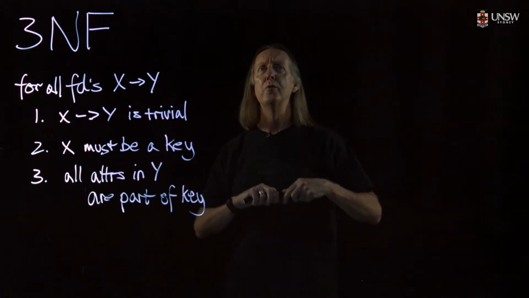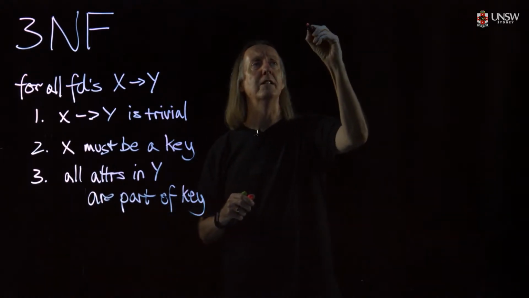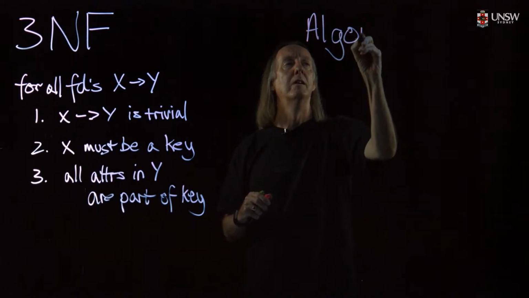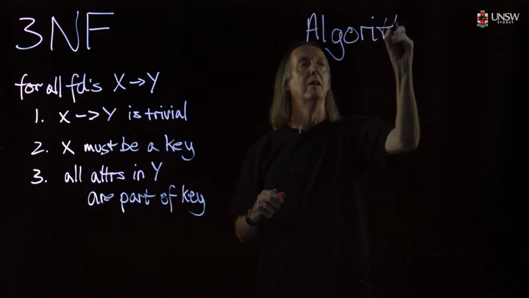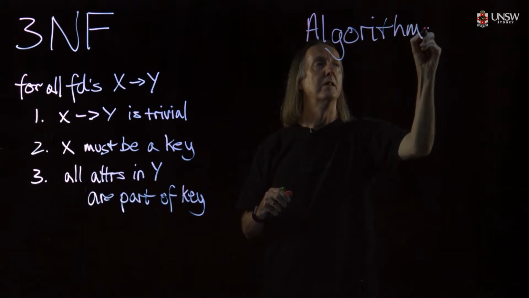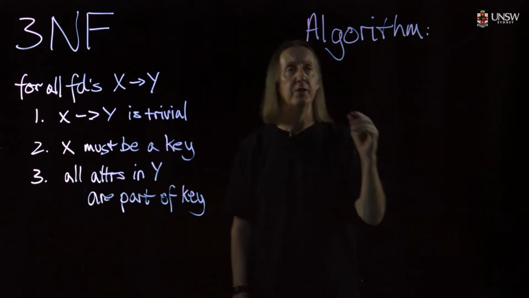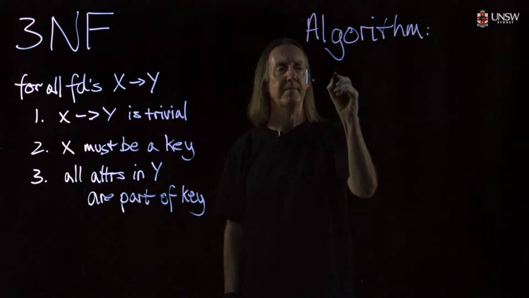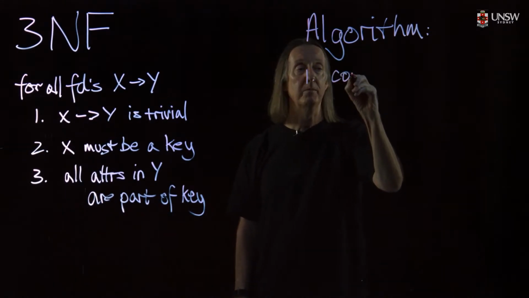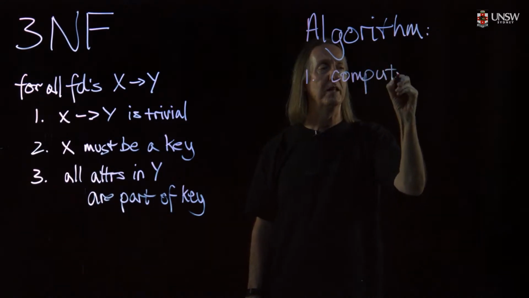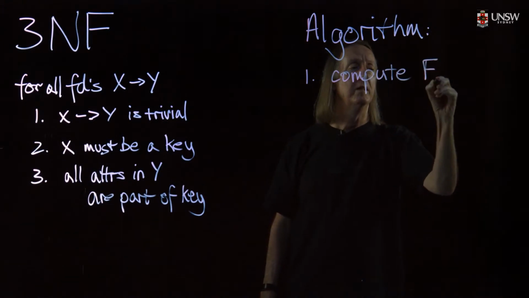Right, well, third normal form, the algorithm for computing it is quite different. And it's almost more of a synthesis rather than a decomposition. So step one is that you have to compute a minimal cover. In another video we talked about how to do that.